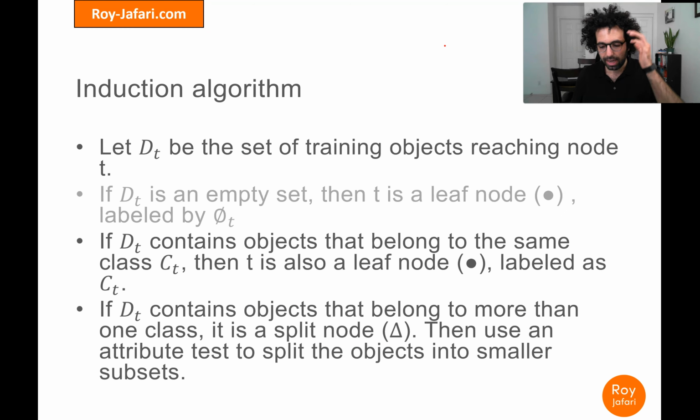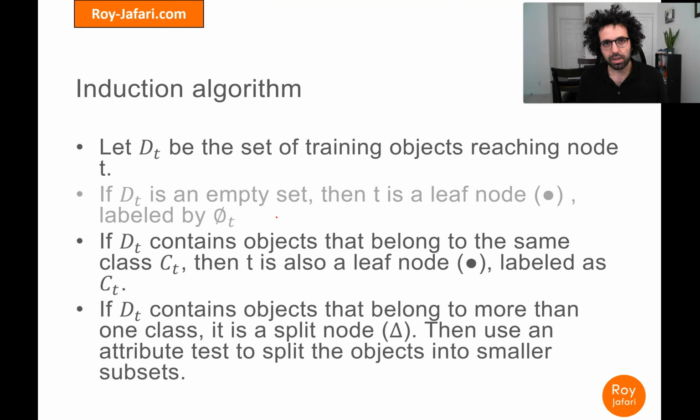All right, so now let's talk about the induction algorithm. It's a blueprint of any decision tree algorithm. It's the main structure, and you can see it's very simple. It basically starts with the data, and if the data is non-empty, which is kind of obvious, that's why I have it in gray, it continues.